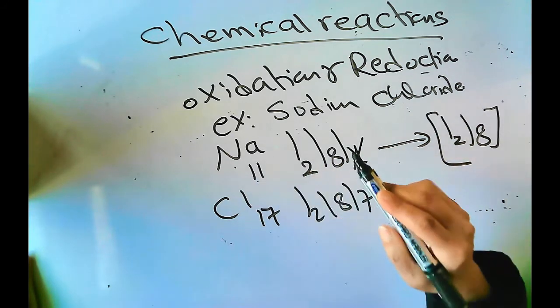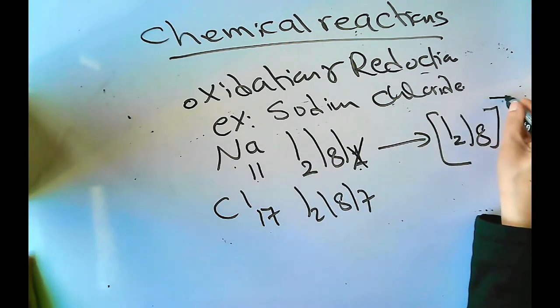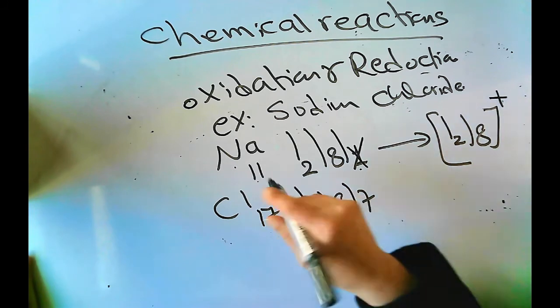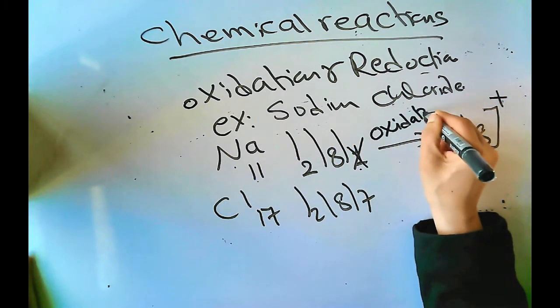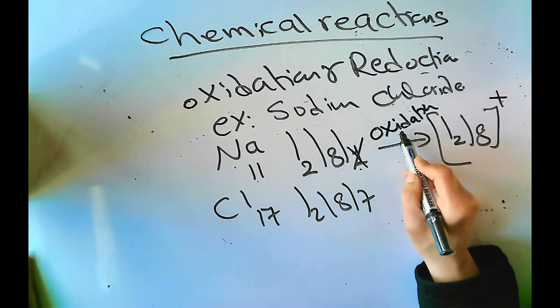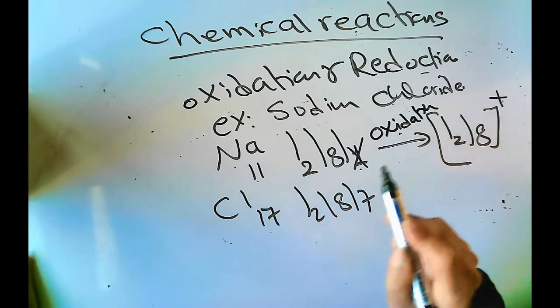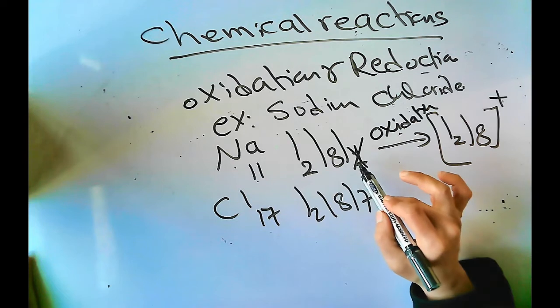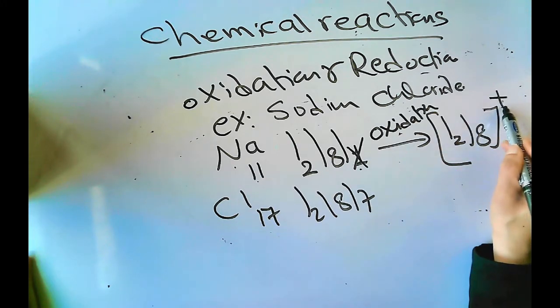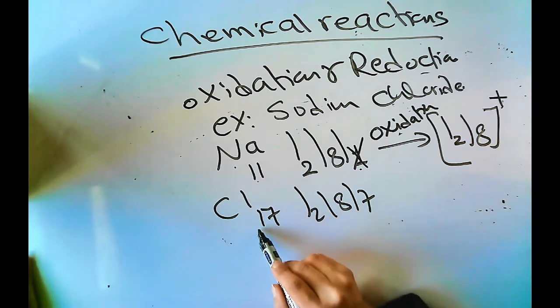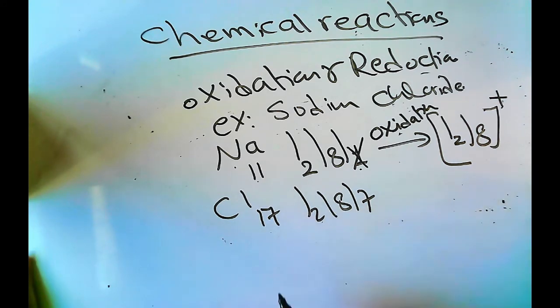When sodium loses an electron, it changes to positive ion. This process is known as oxidation. Oxidation is a process in which an atom loses an electron or more and it changes to positive ion. Chlorine 2, 8, 7.